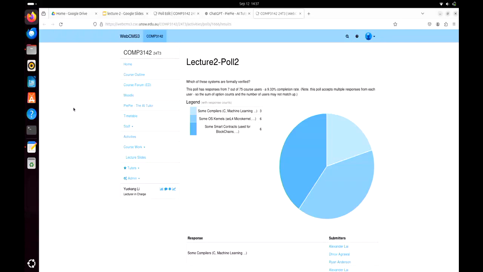And an emerging area in formal verification is that nowadays we have a lot of smart contracts running on blockchains. The code bases of these smart contracts are relatively small, and they are related to a big amount of money, so they are considered critical, and they are formally verified.